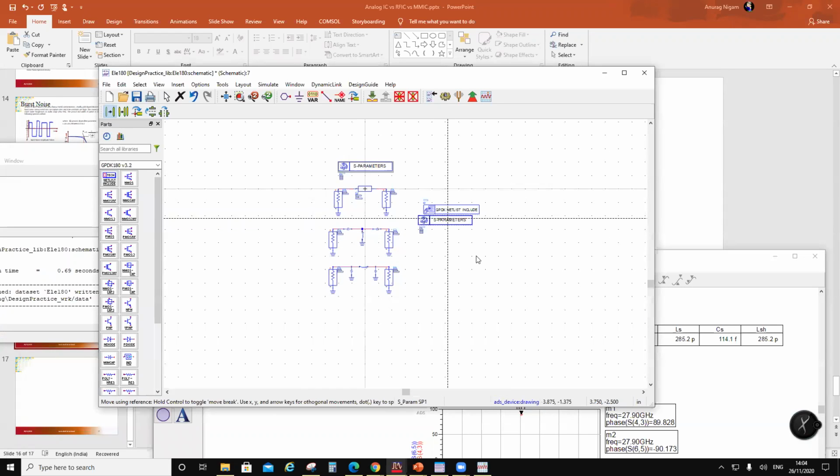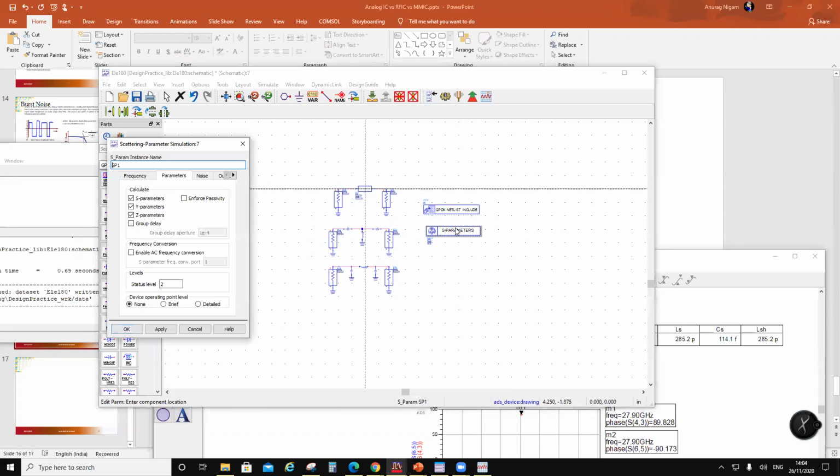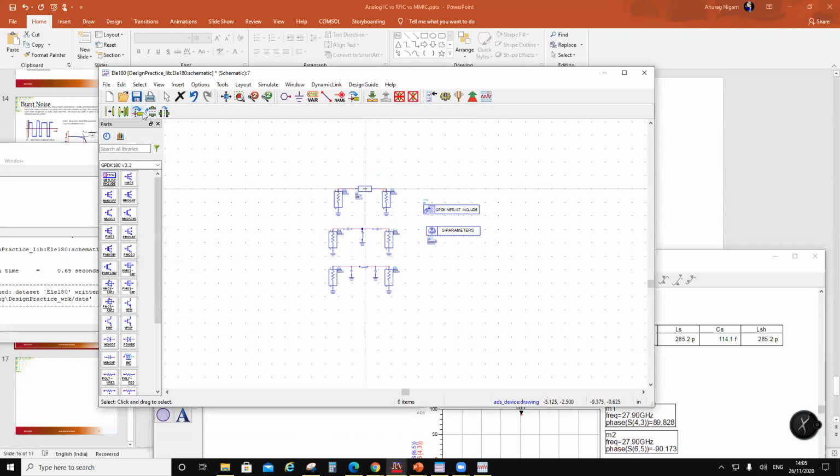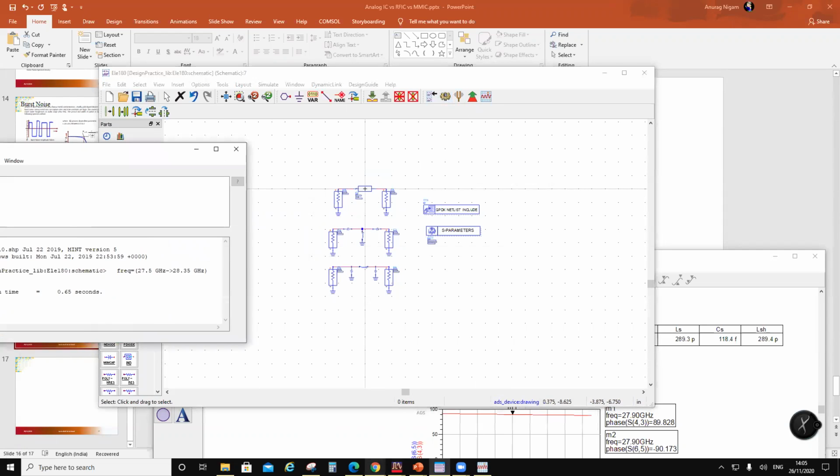Let us see it across frequency. I'm going to go from 27.5 to 28.5, 28.35. This is my design band. I will go 10 megahertz, and I will say done.